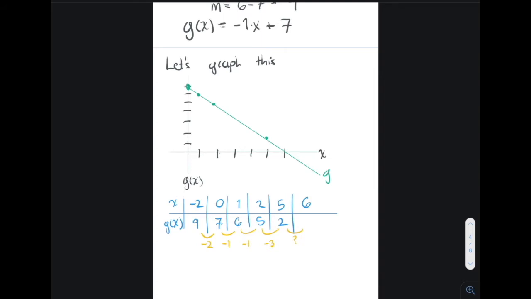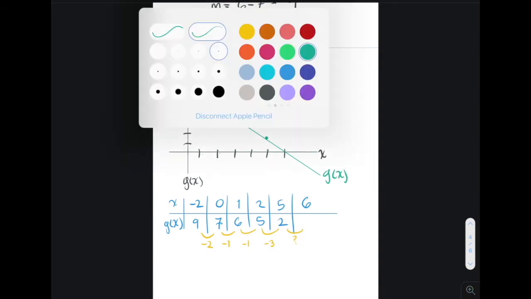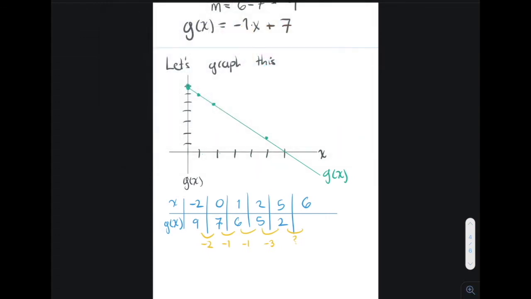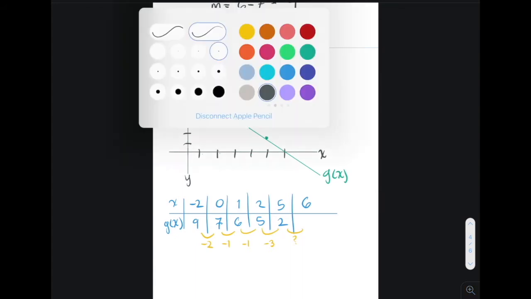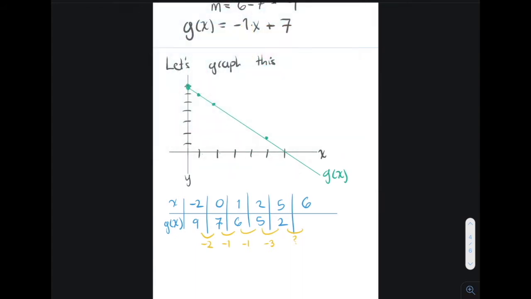I think it's at this point that I recognize that I gave maybe a poor name for that other axis. Notice that g of x is straight. Well, that plays into its name of being a linear function. If a graph of an equation is straight, then that means it has a constant slope. That's another way to identify that it's a linear function.